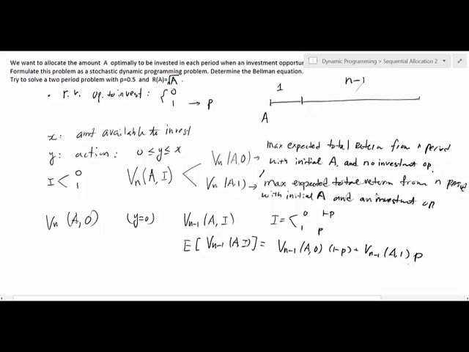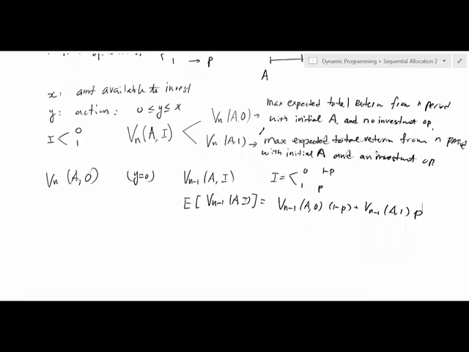This is the expected value of a random function of a discrete random variable: probabilities multiplied by their values. So for Vn(A,0), there's nothing to maximize, and it's simply Vn minus 1 (A,0) times 1 minus p, plus Vn minus 1 (A,1) times p. That's what we have.